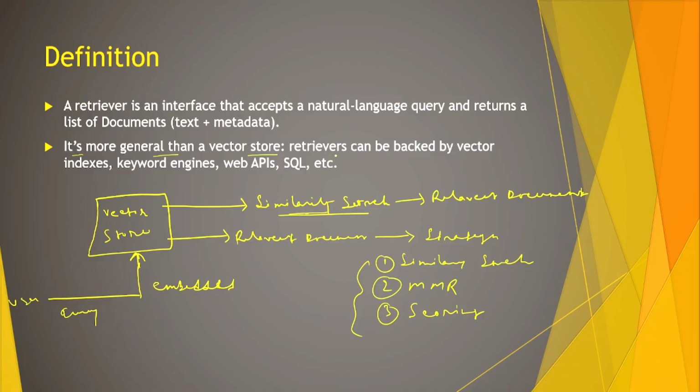Another point is that a retriever can also be backed by a vector index. Suppose this is our vector store, our own data, which we are using in RAG. Suppose we want to access data from outside our vector store, for example from Wikipedia. Then what do we have to do? We have to use an external API, and there is an API called the Wikipedia retriever.